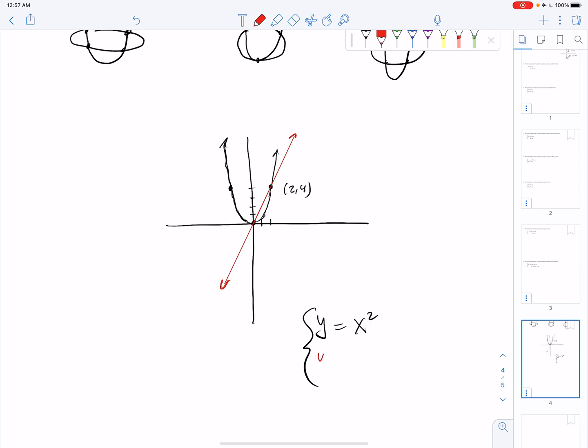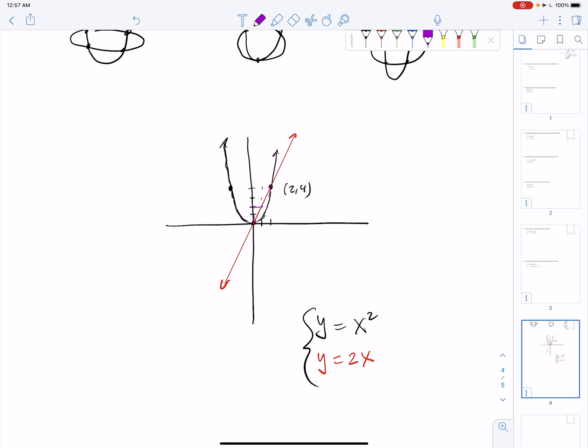So that would be y equals, and it looks like we go up 4 over 2, so that's just 2. y equals 2x, right? The slope is up 2 over 1. So there's that equation.